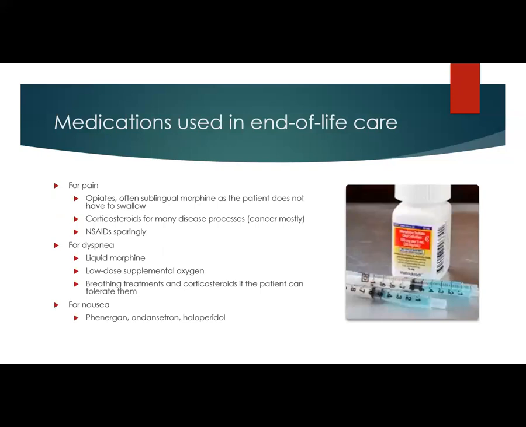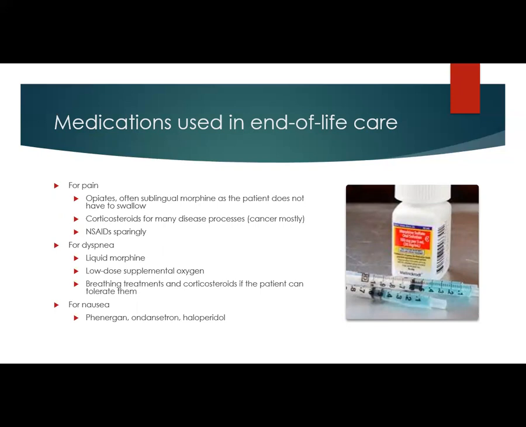Some of your medications that are used at the end of life for pain, they'll use opioids, such as sublingual morphine, as the patient does not have to swallow. Corticosteroids for many of the disease processes. So things like your cancers, they'll use corticosteroids. NSAIDs are used sparingly.